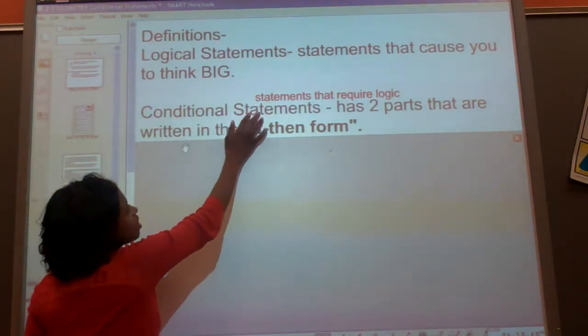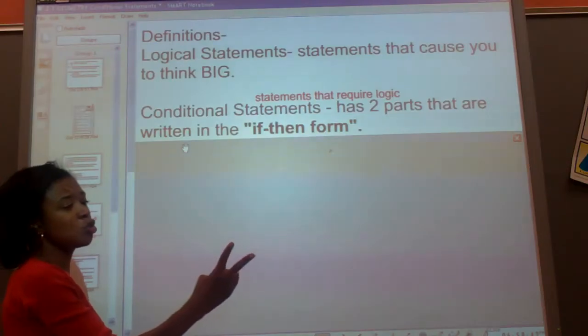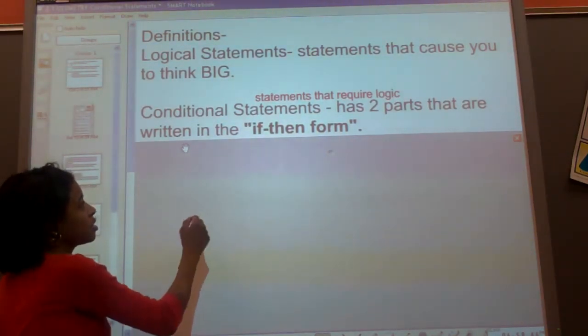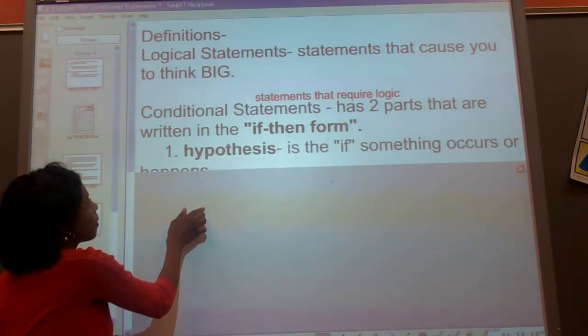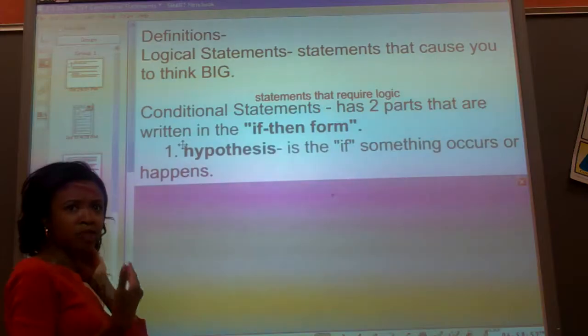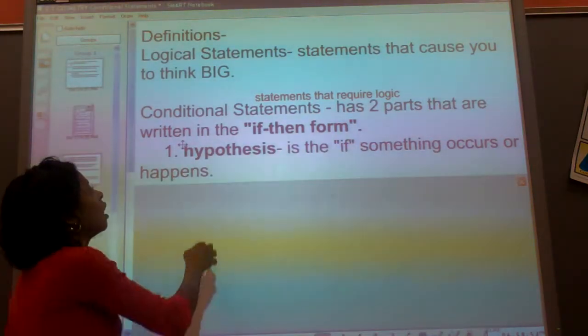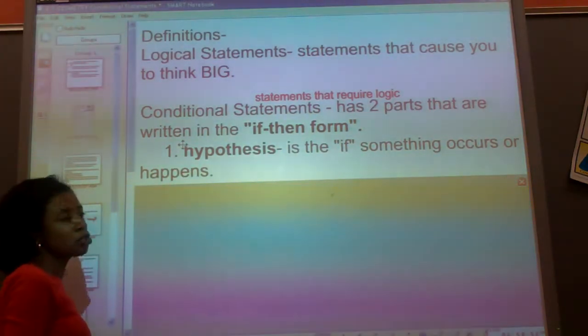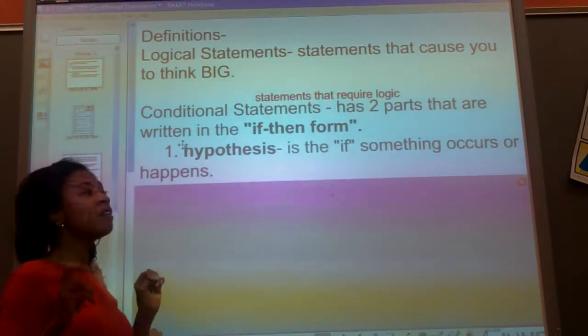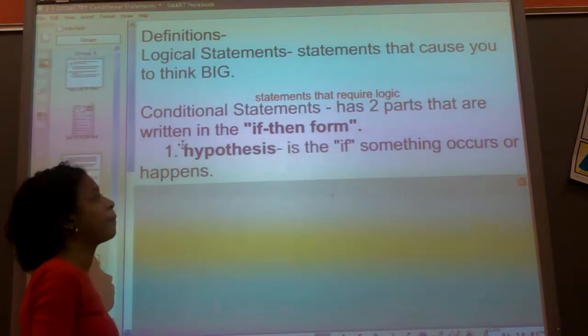But again, conditional statements are statements that have two parts. The first part is the if, the second part is the then. Here's the first part, the hypothesis. Just like in science, you have a hypothesis. In math, for conditional statements, the hypothesis is the if something occurs or if something happens.